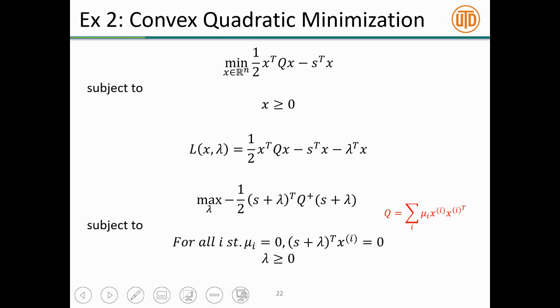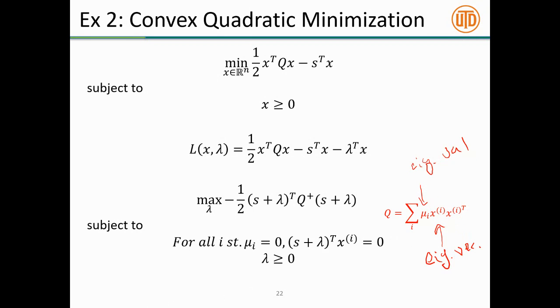So I can write that in a more aesthetically pleasing way. Let's suppose that Q has an eigenvalue decomposition of the form Q is equal to the sum over all i of mu i times xi xi transpose. Here xi is the ith eigenvector, mu i is the corresponding eigenvalue. So our standard eigenvector eigenvalue decomposition.